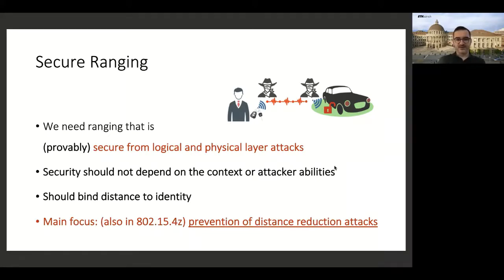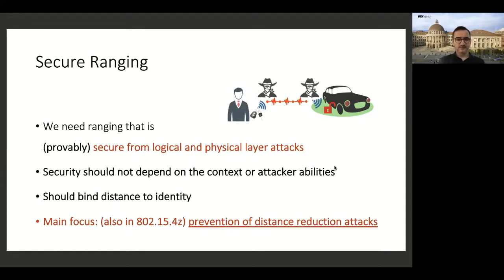In the same way, secure ranging and secure positioning should be context independent. It should work without us having to make assumptions on the locations of the adversaries, for example that the adversary needs to be close or further away for an attack to succeed. Irrespective of the adversary's locations, these secure distance measurements should hold.